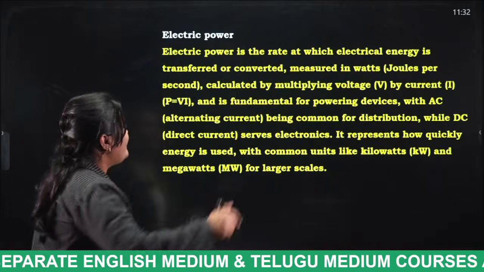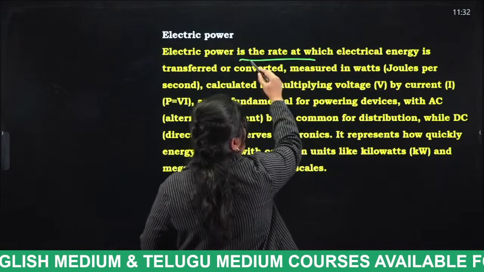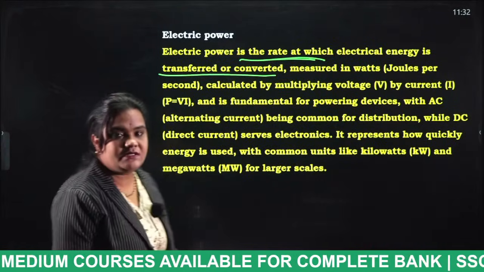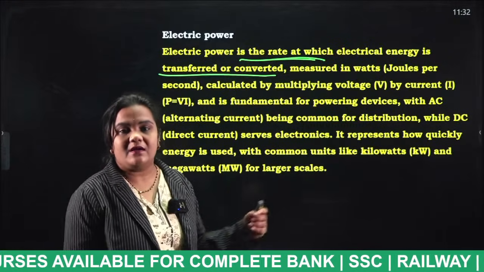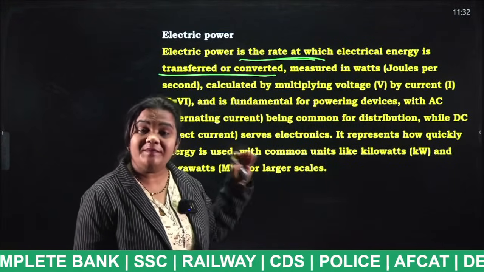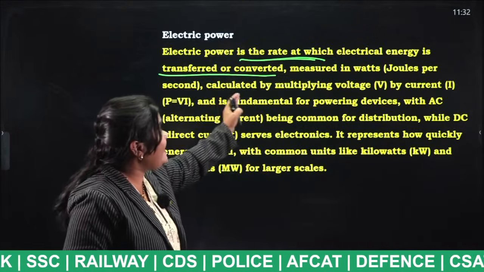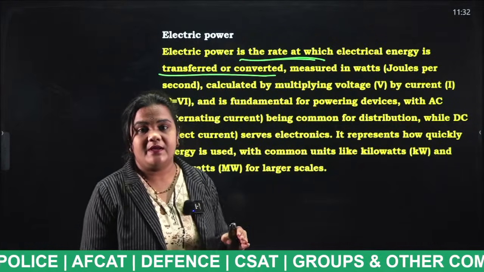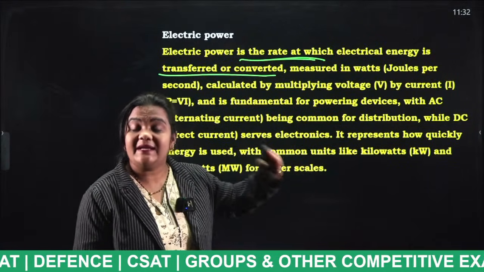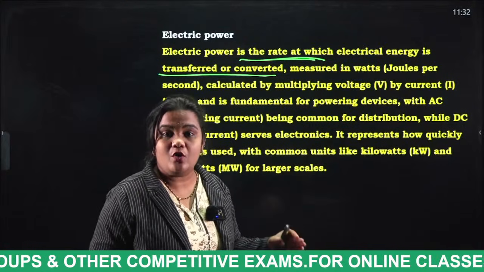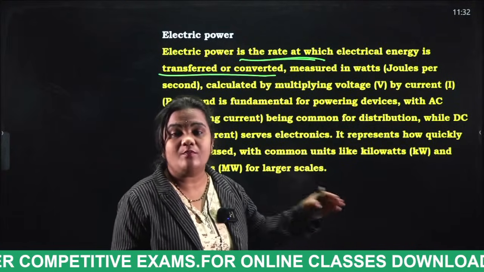What do you mean by electric power? Electric power is nothing but the rate at which electric energy is transferred or converted, measured in watts. We all know power. What is the unit for power, students? Watt. And now what do you mean by electric power? The rate at which electric energy is transferred or converted. For example, just now I told you, what do you mean by EMF, electromotive force?